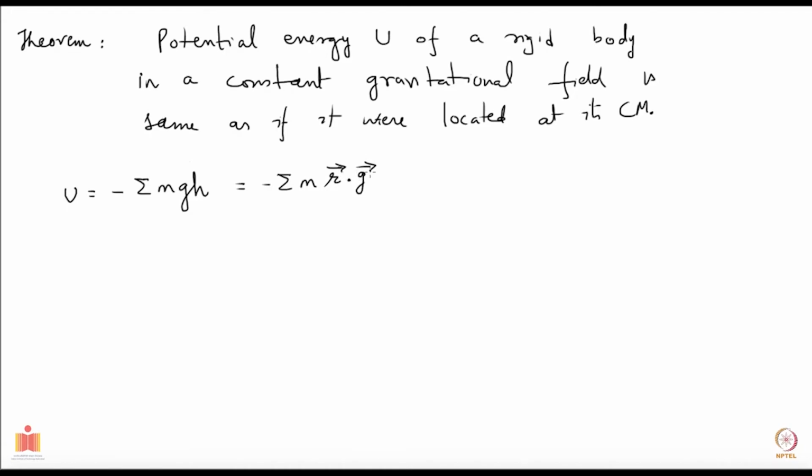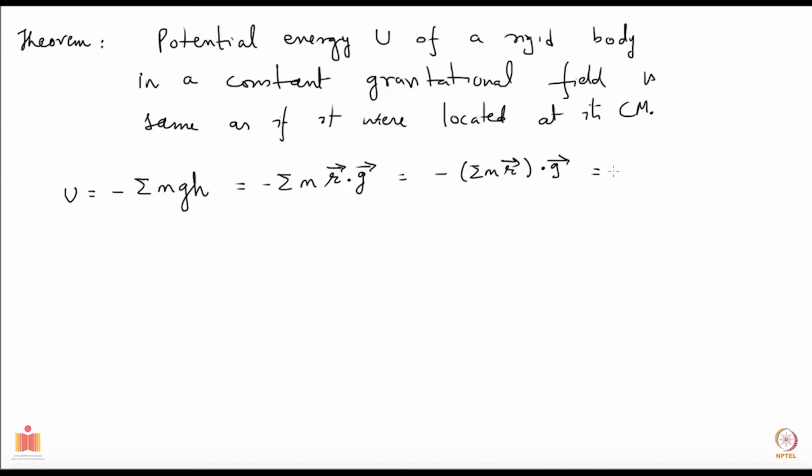So you're looking at the component along the direction of g, which will give you the h times g. So these two are same. Now g is a constant, so I can take this out, and this you know very well what it is.